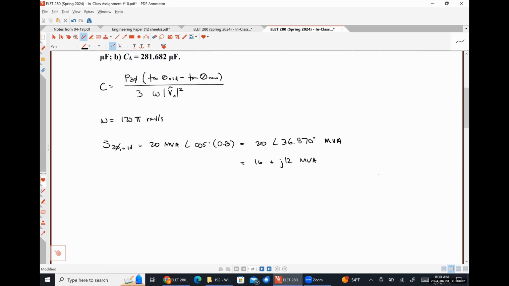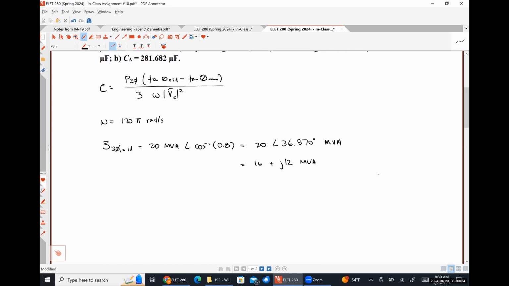So using that information, what is our 3-phase average power? 16 megawatts.